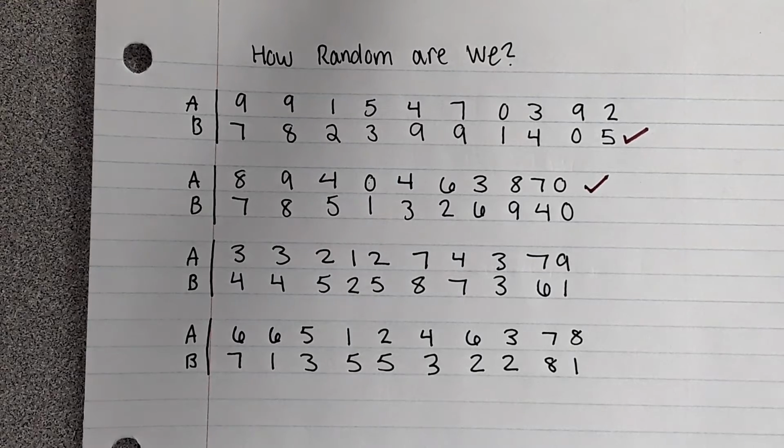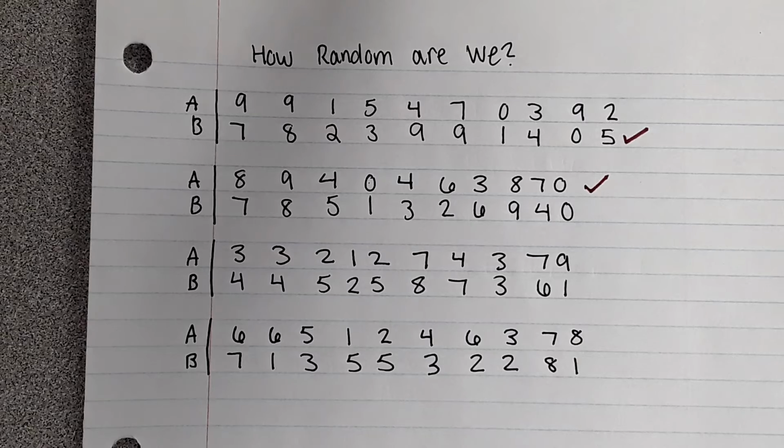So, can you tell who's random more? This is what we're going to do. For yours, because obviously I can't do everyone's, what I want you to do is figure out how many zeros you picked, how many ones, how many twos, how many threes. Then figure out how many of each number the calculator picked.